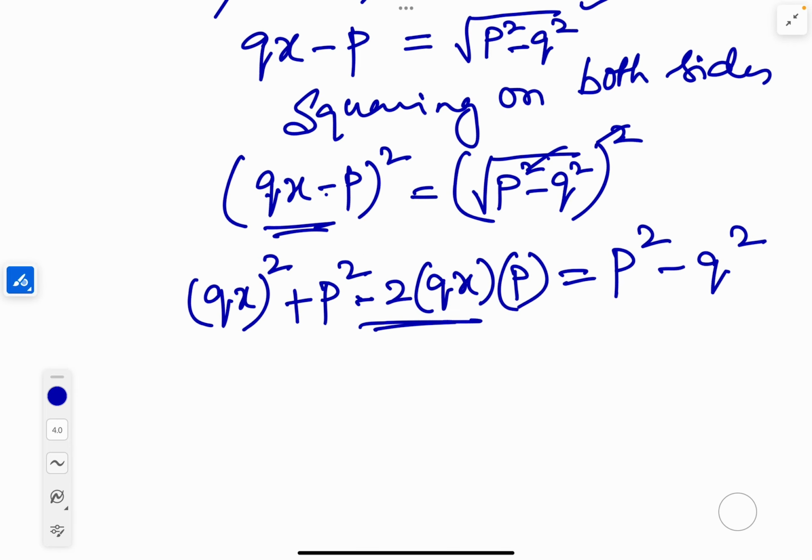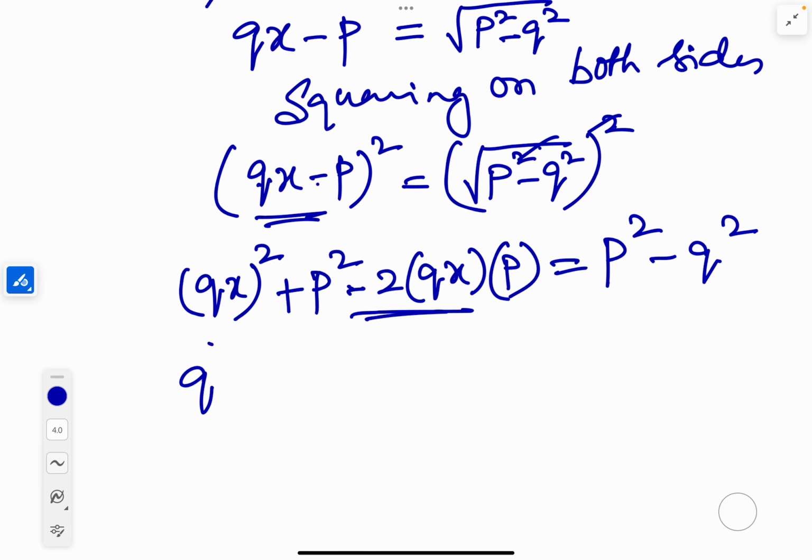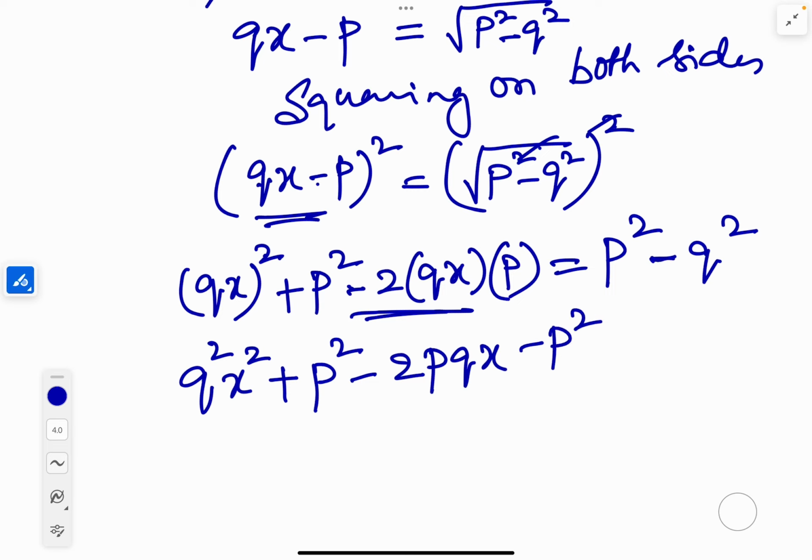Now let us bring all the terms one side, so we will be getting q square x square, because this is square whole square, so I can put q square x square plus p square minus 2pqx, okay, is minus p square. Now this minus q square will become plus q square. This plus has become minus, is equal to 0.